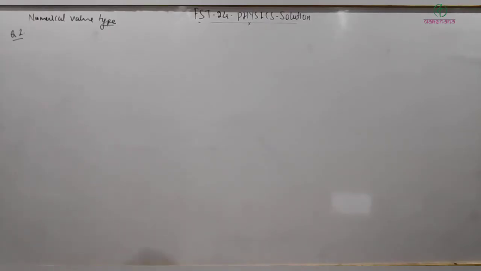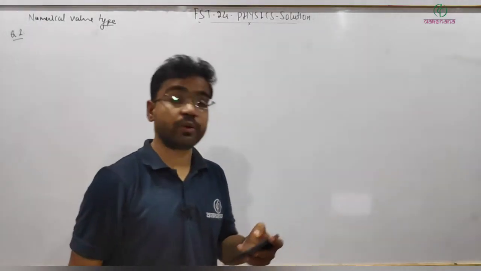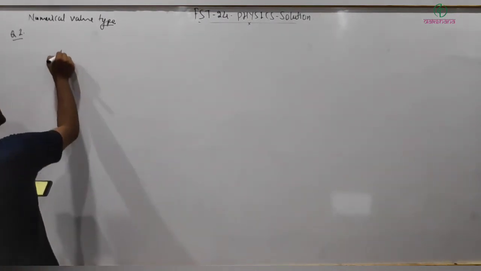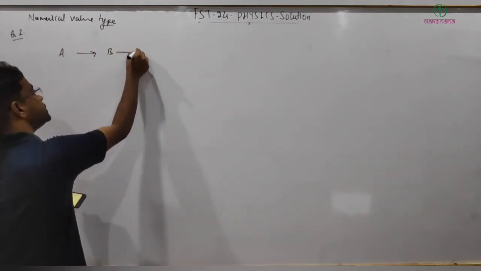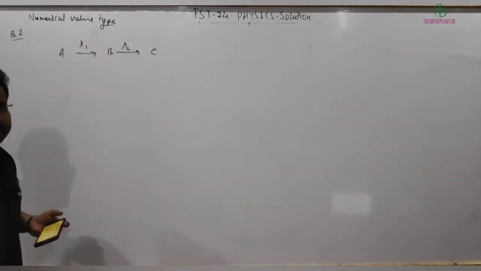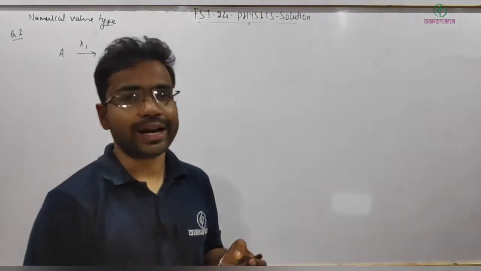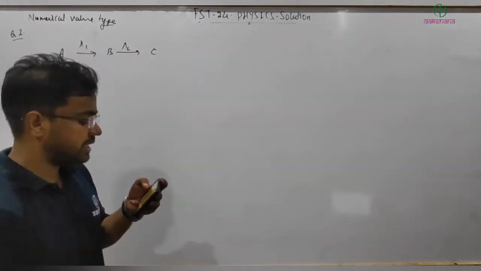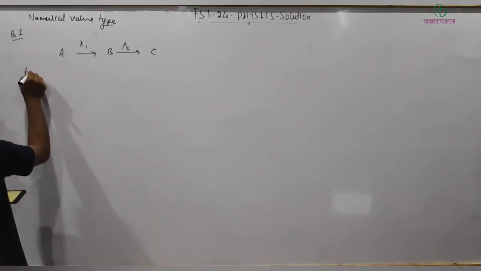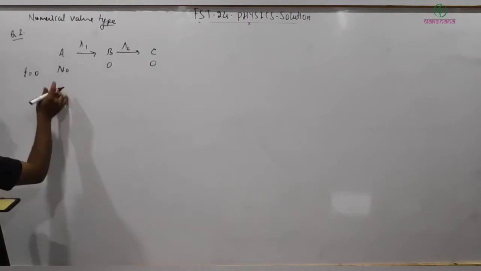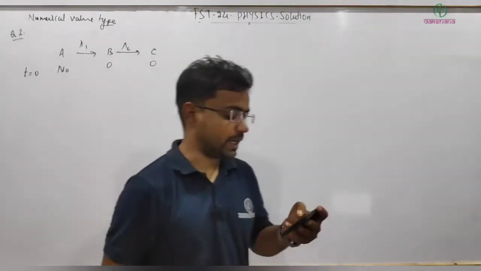Okay, so next is numerical value type questions. Question number 1. In a radioactive decay, A is getting converted into B and B is getting converted into C. So this is a successive radioactive disintegration. We have studied this in lecture. It is given that at t equal to 0, nuclei of B and C are not present, so at t equal to 0 it's N₀, 0 and 0, and then at some time there will be NB and NC.